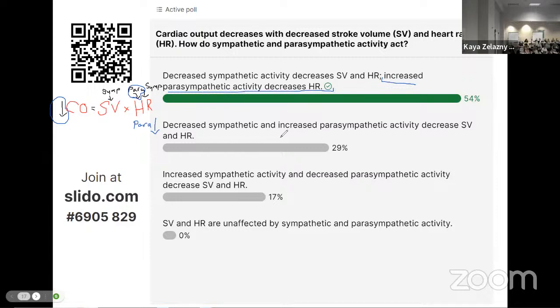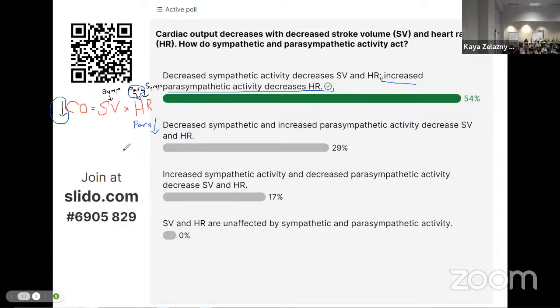But in our second most popular answer choice, we did still have increased sympathetic activity decreasing the heart rate. A problem here was that increased parasympathetic activity isn't decreasing stroke volume. That's the main problem. The other factors here: if we have a low cardiac output, this means we don't have a lot of sympathetic activity on either the stroke volume or the heart rate.